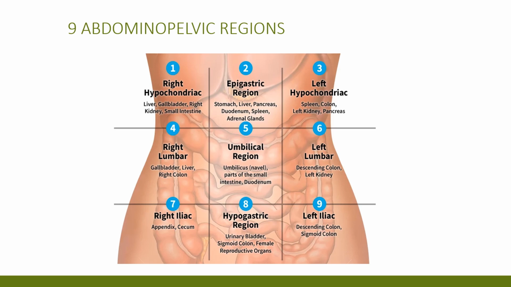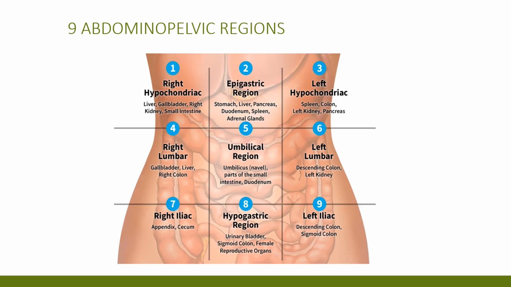Then you have the epigastric. Now, epi is a prefix for over, at, or upon. Over, at, or upon means right on top, like the epicenter of an earthquake. So gastric is stomach. So the epigastric is right over the stomach. And of course, you have portions of the liver, pancreas below, duodenum, spleen can be big enough to go into that area sometimes, adrenal glands.